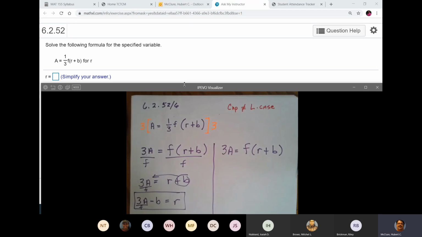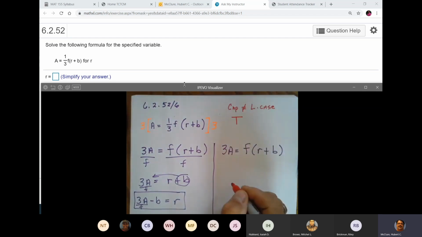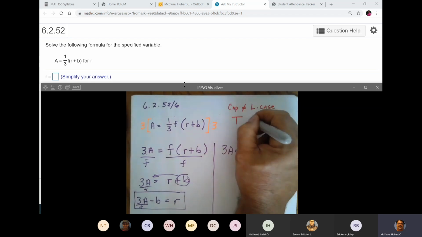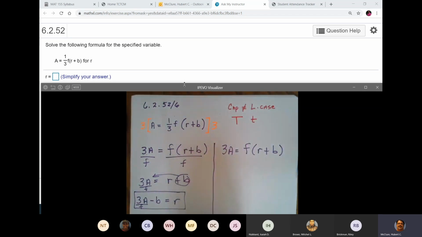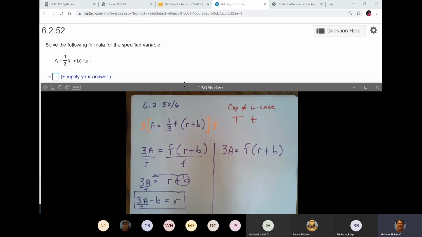If you have a capital A, you leave it a capital A. You do not change it to a lowercase a, because temperature is a capital T in science and little t is time in science, and they're not equal to each other. So that's a different symbol than this one. So glad you brought that up.